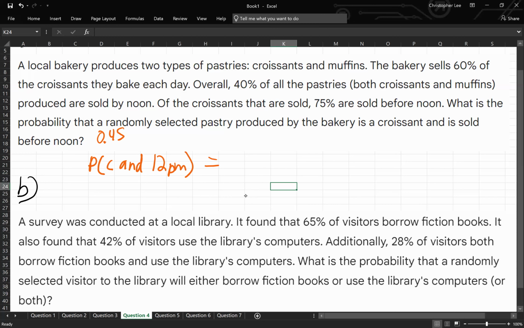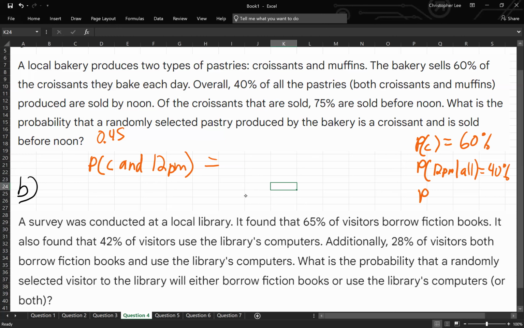So then now what we have, or what we're given in this question, we're given the probability of croissant, which is 60%. We're given the probability of 12 p.m. given all, which is 40%.